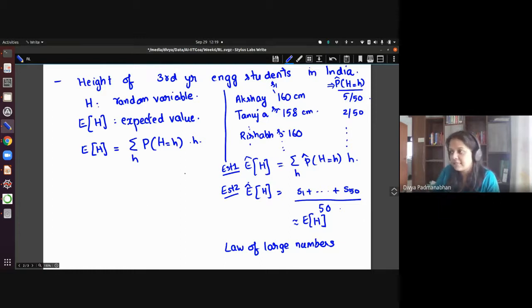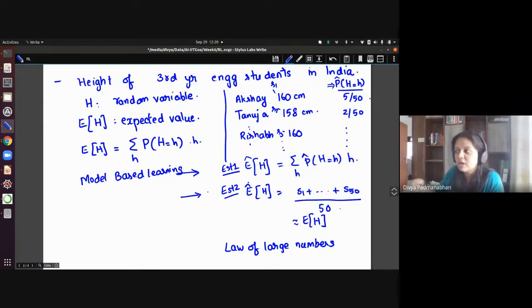So this approach, estimate one, was what you saw in model based learning, where you explicitly find out these probabilities, these numbers, these parameters to do any further computation. Now, estimate two, on the other hand, is where you're directly doing some operations with the samples to get the expected value.